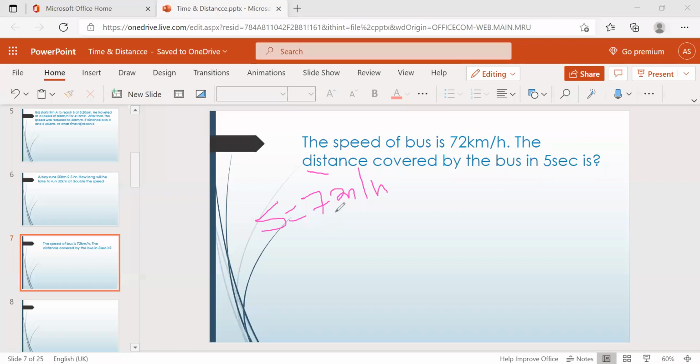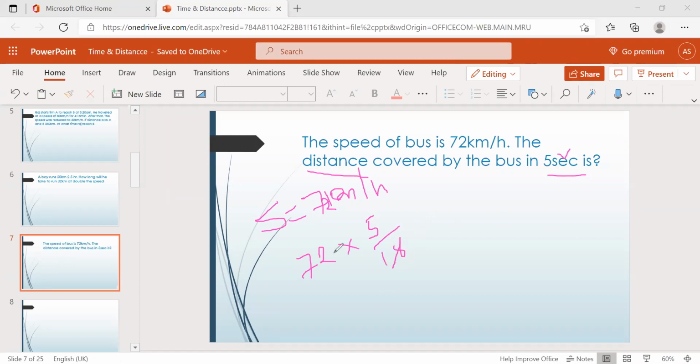Here the speed is in kilometer per hour, but they're asking in seconds. That means we need to convert this. To convert 72 kilometer per hour into meter per second, we multiply by 5 by 18.